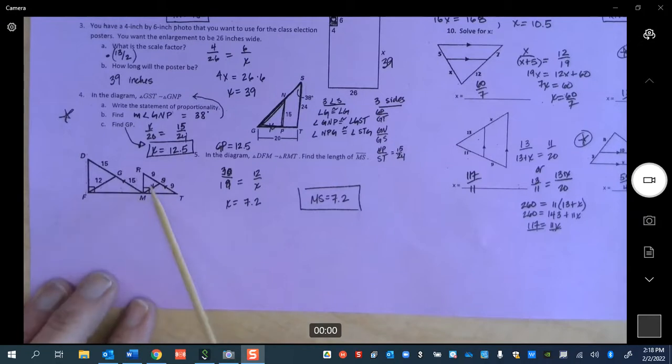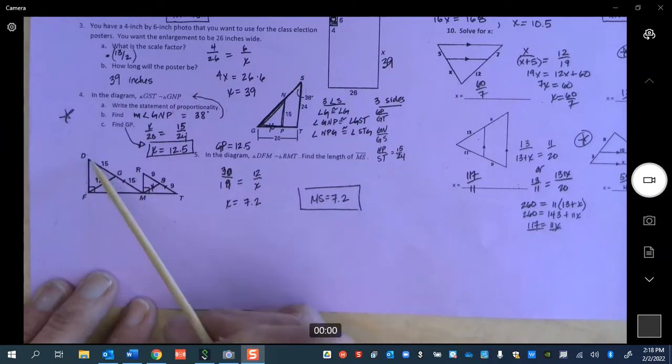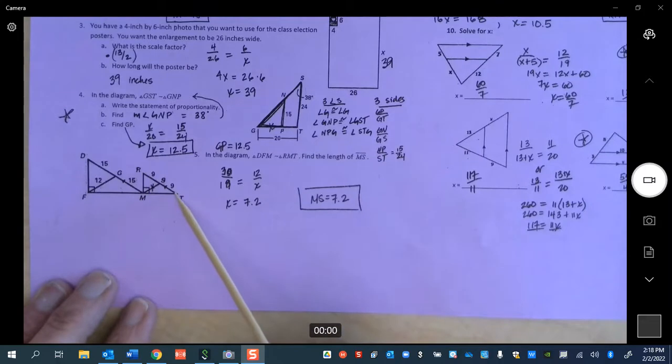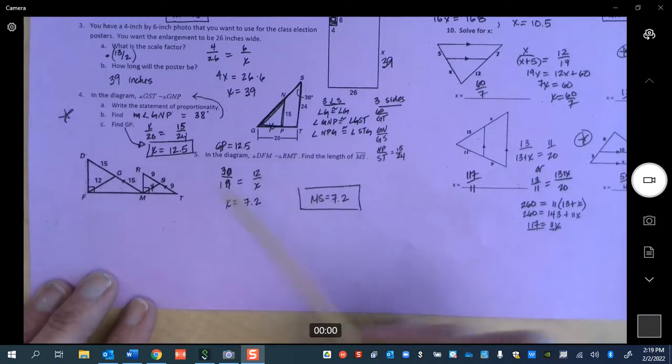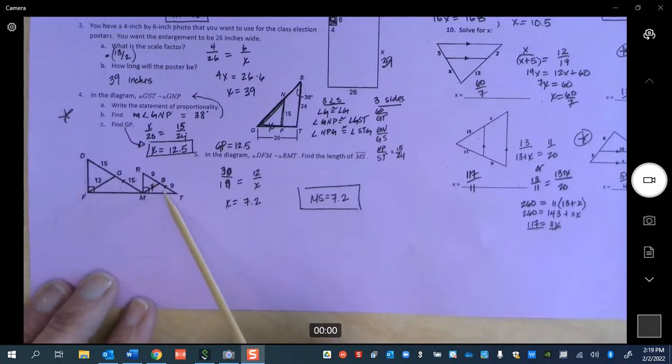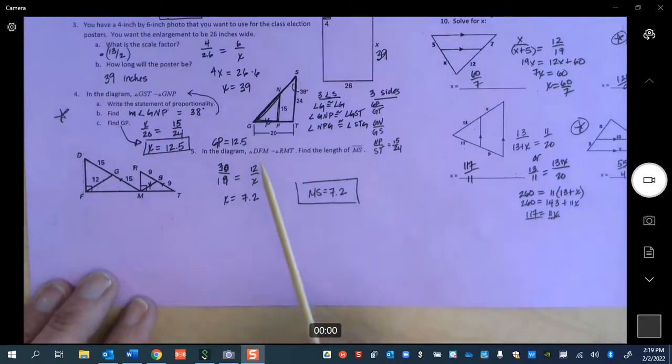So if I want to find the length of MS, I know that I have a relationship 30 to 18 for the similar figures. So that means that 12 and X are going to have that same relationship. So I went big to small and big to small. I could have also done 15 to 9. That would have worked out fine. I would have gotten the same answer.